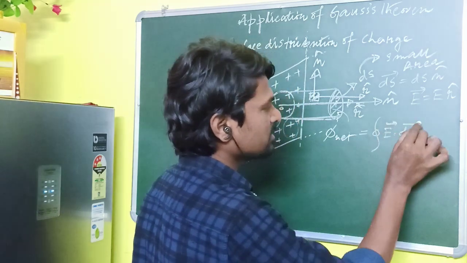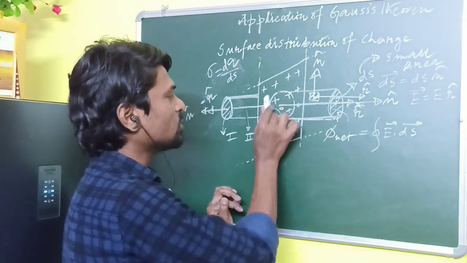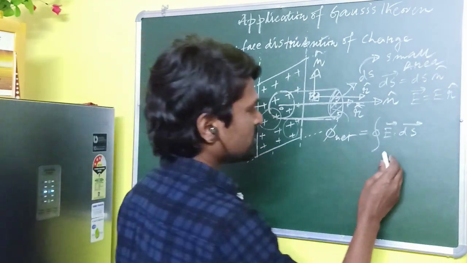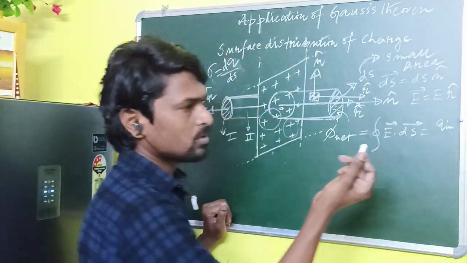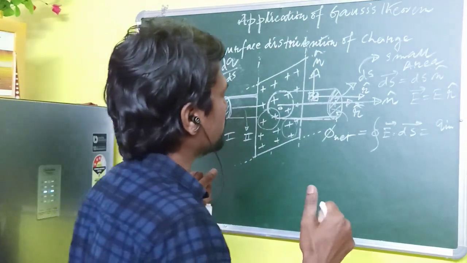Closed integration means all these charges are contained within a cylinder. So this is equal to Q inside, it may be dq. Q inside means the charge contained within that particular cylinder.